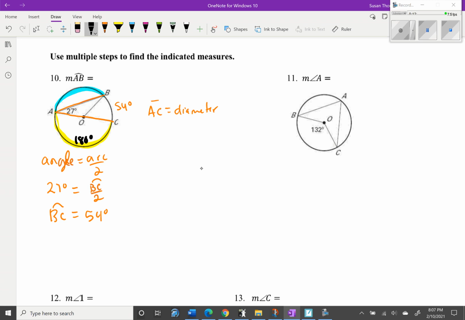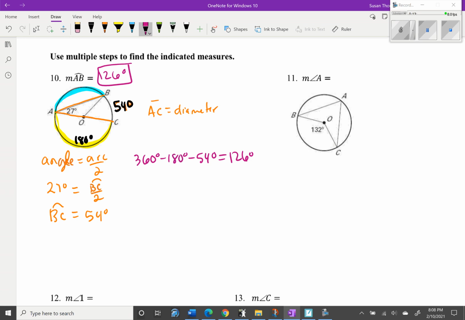And we know this one's 54 degrees. There are 360 degrees in the circle, so we can use that to help us solve. So we have 360 degrees minus 180 degrees minus 54 degrees, which is equal to 126 degrees for the arc AB. Of course, you didn't really have to do 360 minus 180 because we know it's half the circle. You could also just do 180 minus 54 and get 126. That would also work.